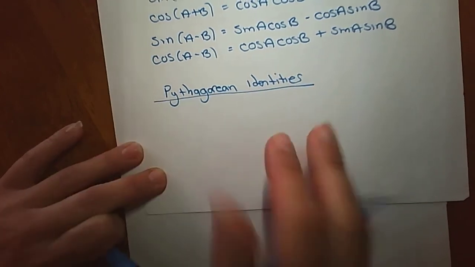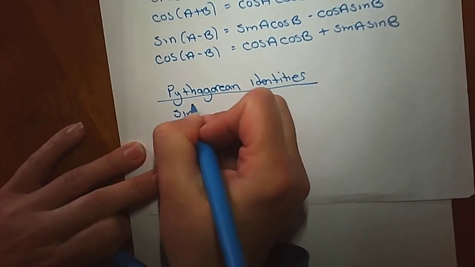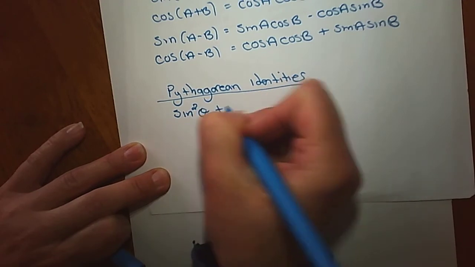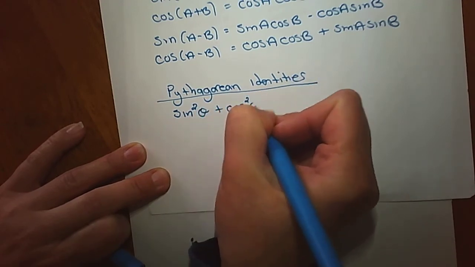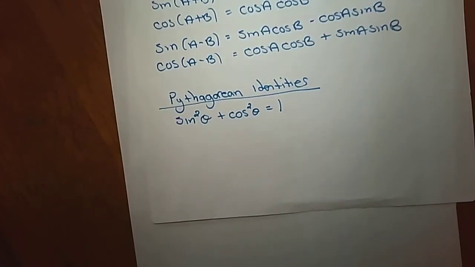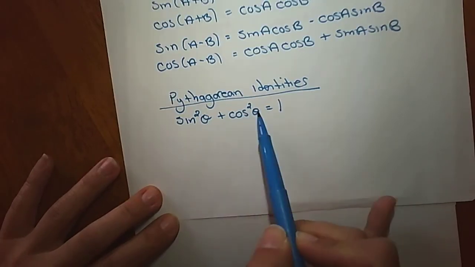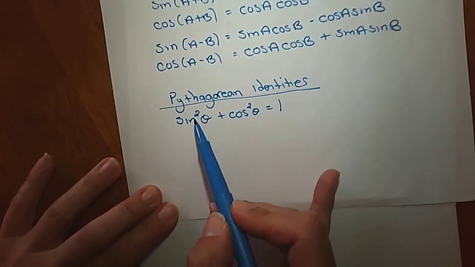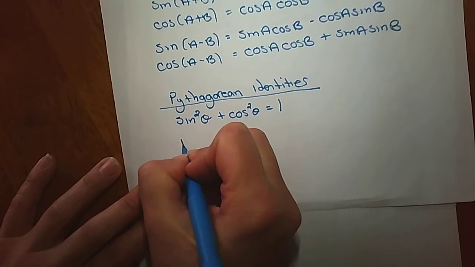Okay, and the first one is the one we just used, sine squared plus cos squared equals 1. And there are 2 more that can be made from this. I don't know if you guys remember, but if I divided all 3 of these by cos squared, sine squared over cos squared makes tan squared.